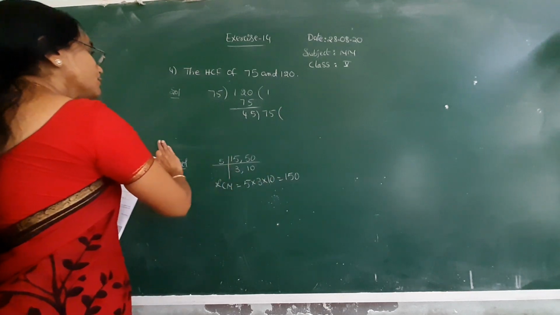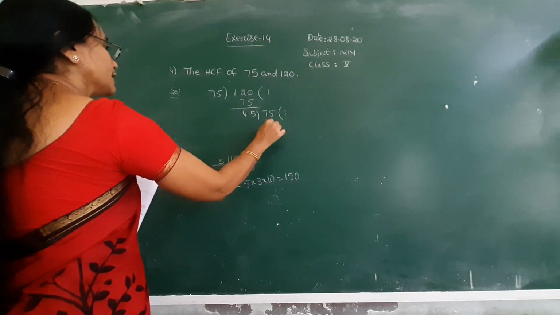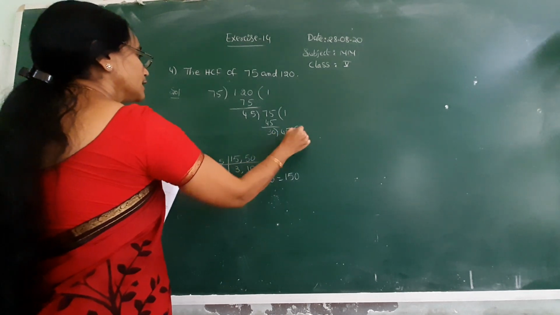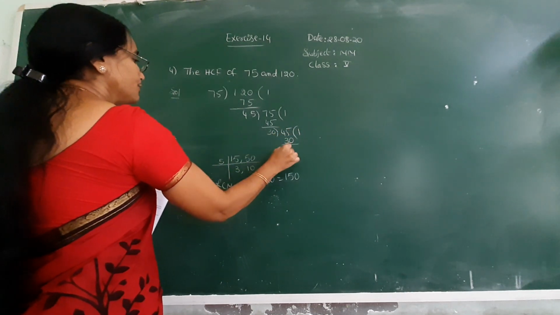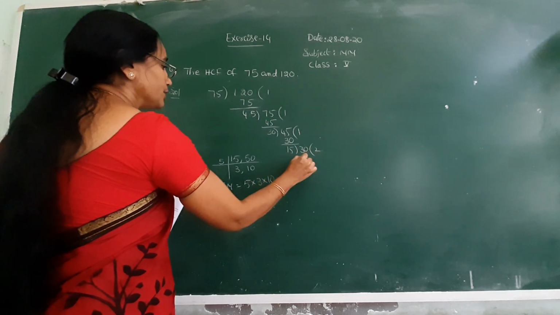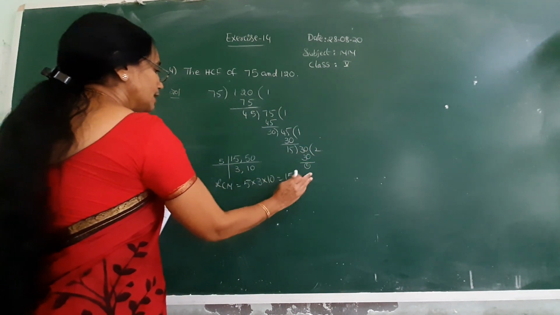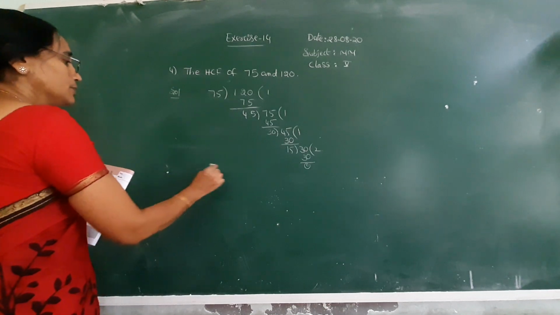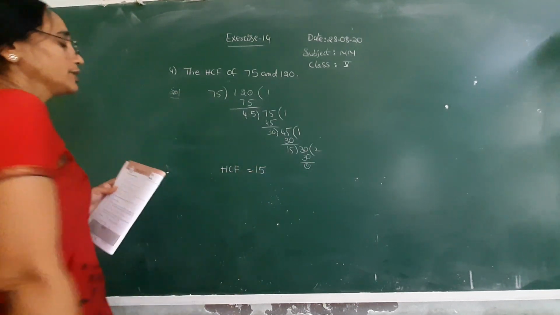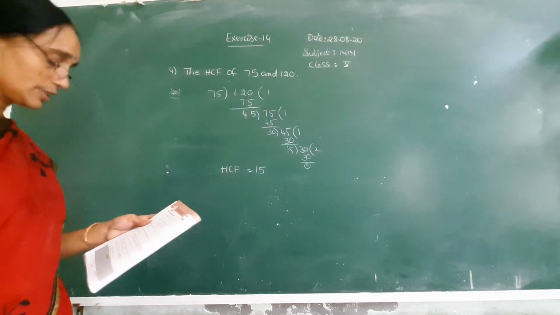Now see, 45 ones are 45, then 30. So 30 has to drop. 30 ones are 30, 15. Drop 30. How many times will it go? 15 twos are 30. So HCF is equal to how much? 15. HCF is equal to 15. Up to 0 you have to do the process.